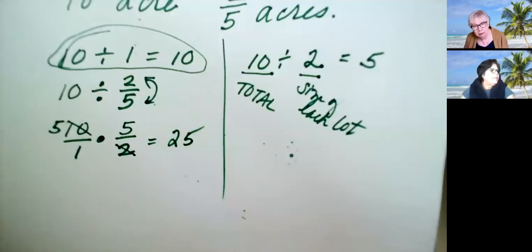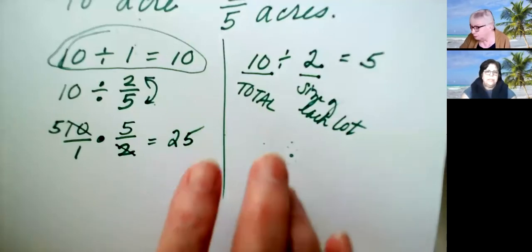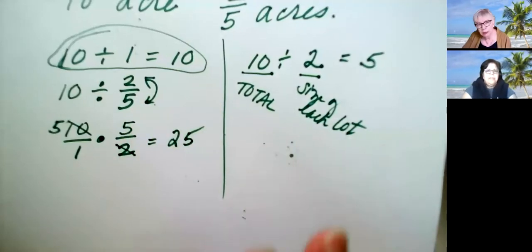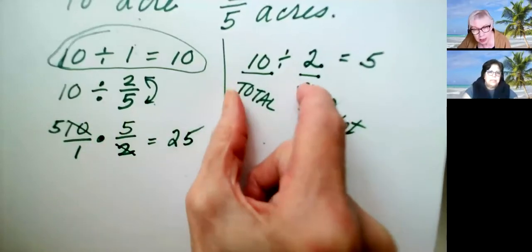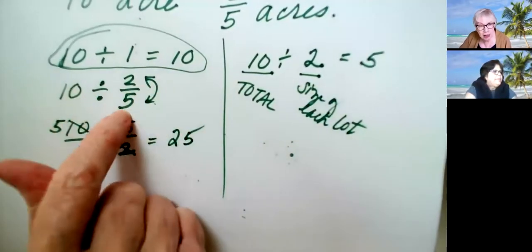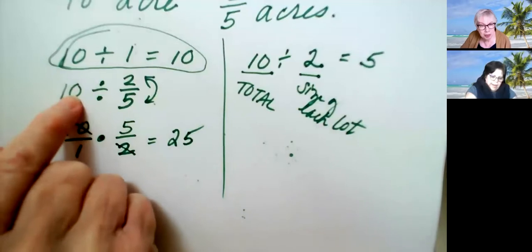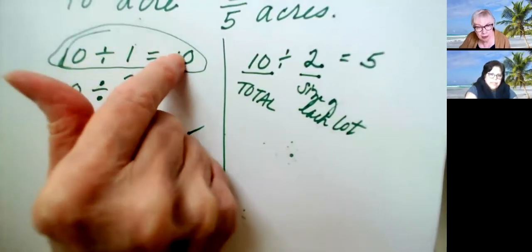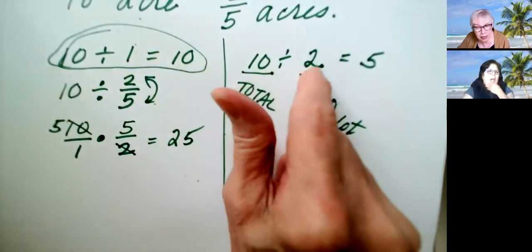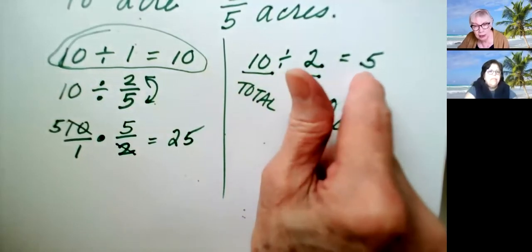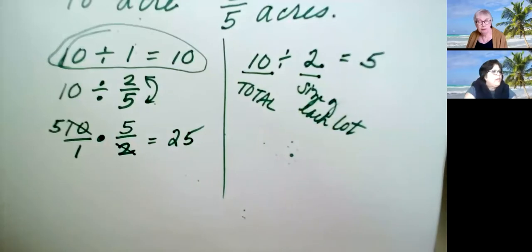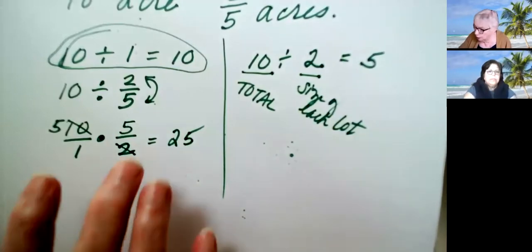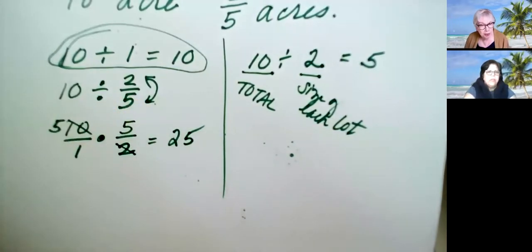That's the other thing you can do: go to a similar problem, but a simpler problem that forces you to see what has to happen. It's got to be divide. It's got to be the total at the front in order to get that there were 10 lots, or in this case, when we really had a big lot, only 5. But then you've got a formula for how to put it together.